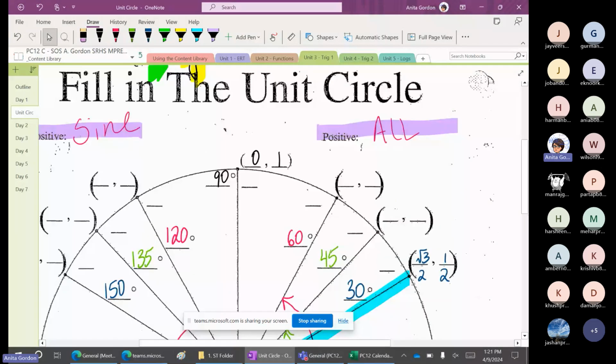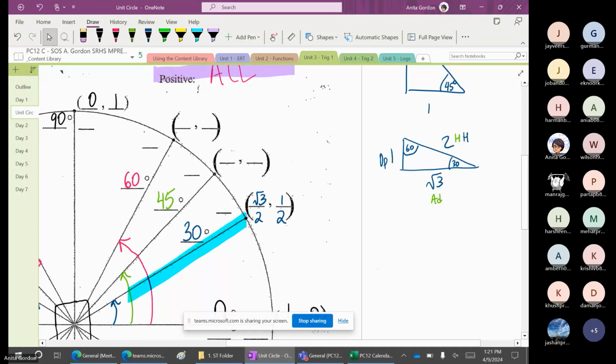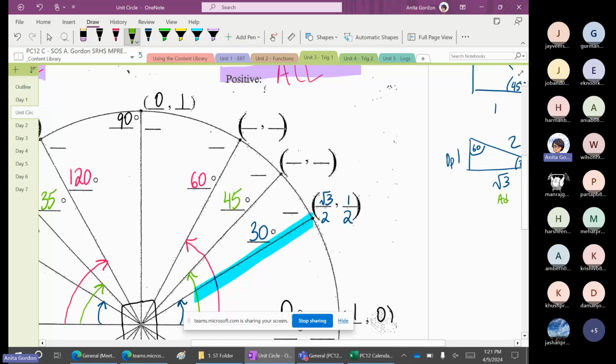For 45 degrees, the sine of 45 is 1 over root 2, and the cosine is also 1 over root 2. However, when we are dealing with trig, I do want us to be rationalizing the denominator.